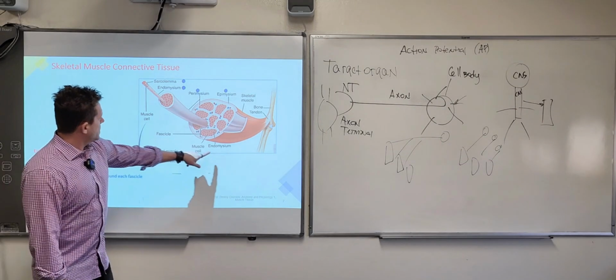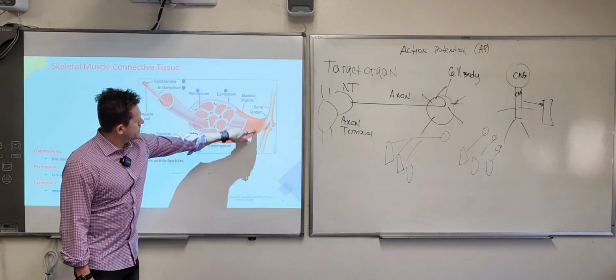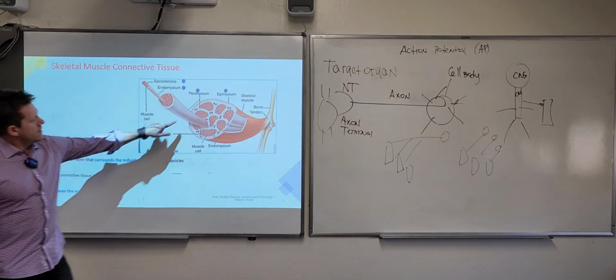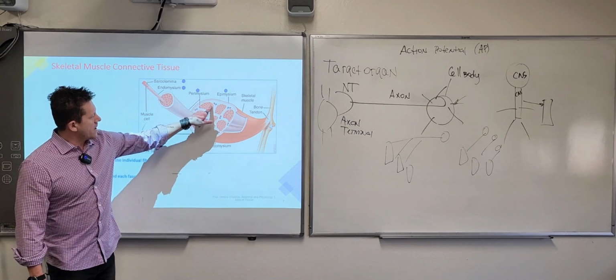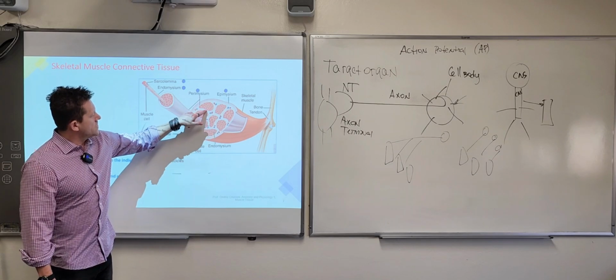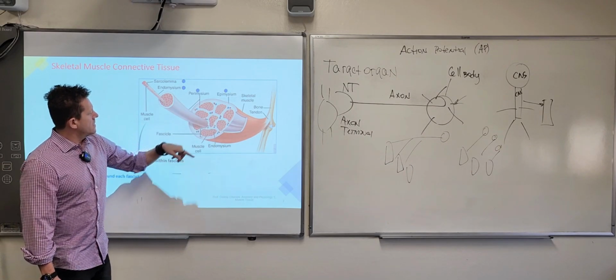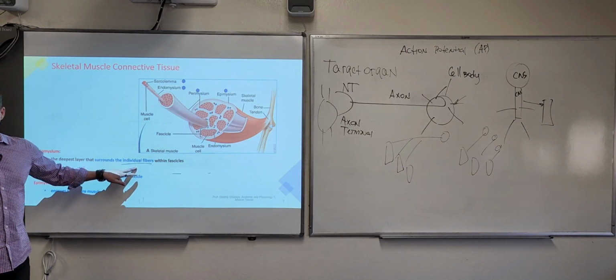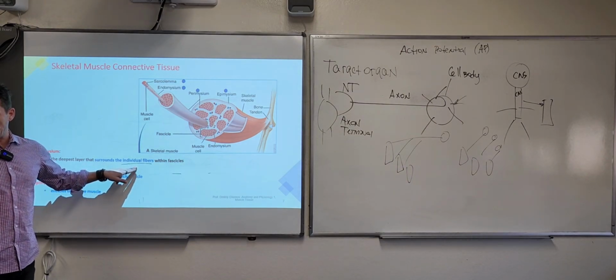Right here, epimysium, right, around the entire muscle. Then perimysium around each fascicle, because muscles are made out of fascicles. Right, perimysium, one fascicle, another fascicle. And then endomysium wraps around individual muscle cell.